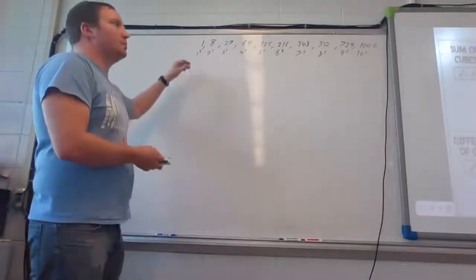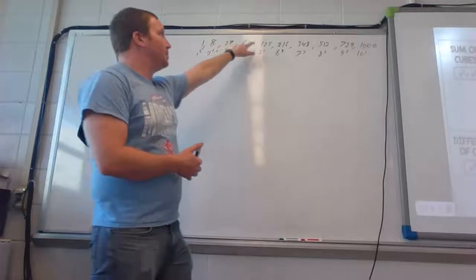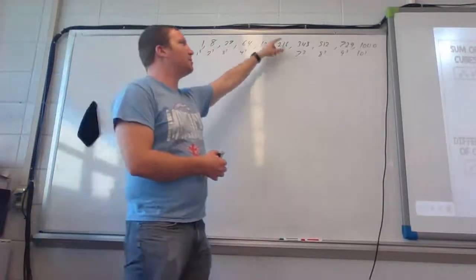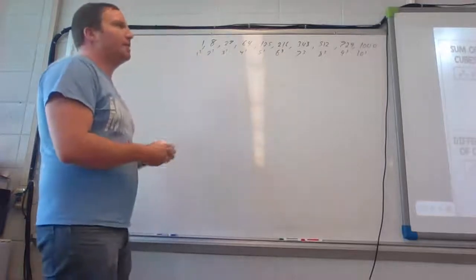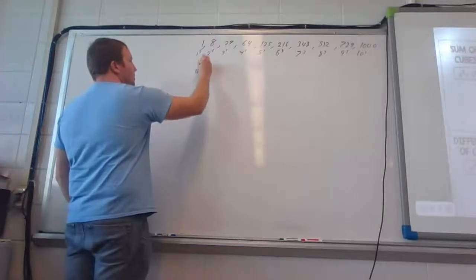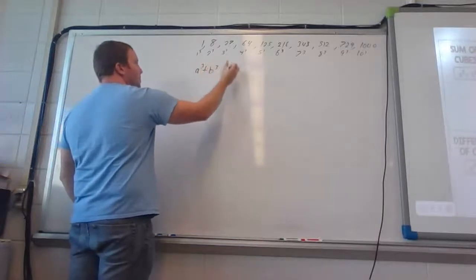And we're going to use those to take the cube roots of these numbers. Our end result will be the number that is cubed to get to that number. So we have the sum of cubes. The rule for that is a cubed plus b cubed.